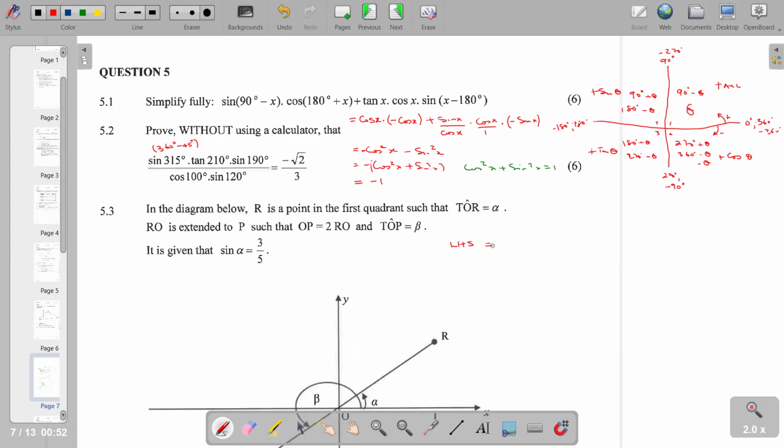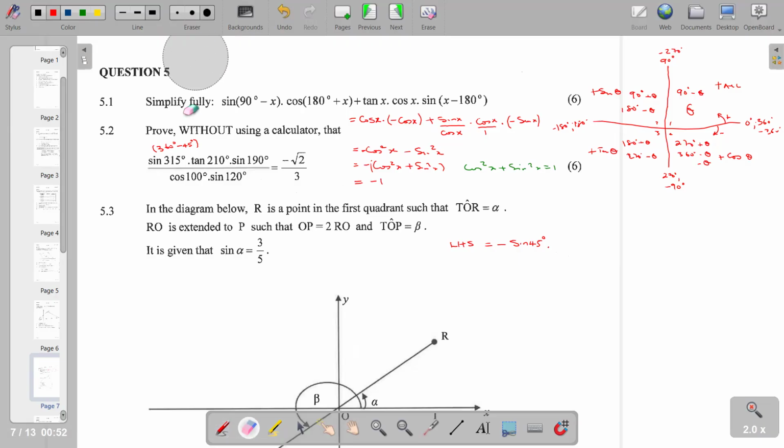Then it means that is going to reduce it to a negative because we are in the fourth quadrant. Sine is negative in the fourth quadrant. So it's going to be negative sine 45 degrees. Then multiplied by tan.